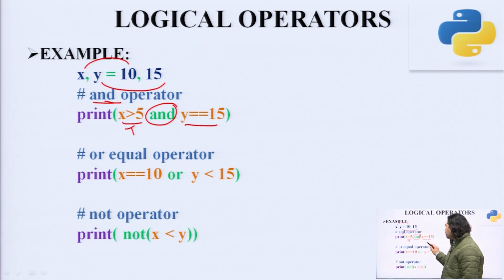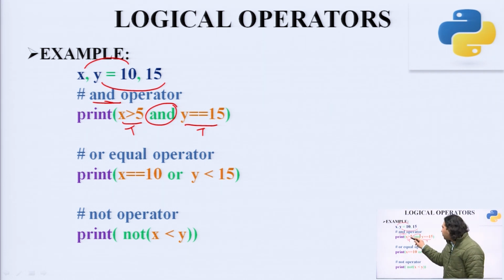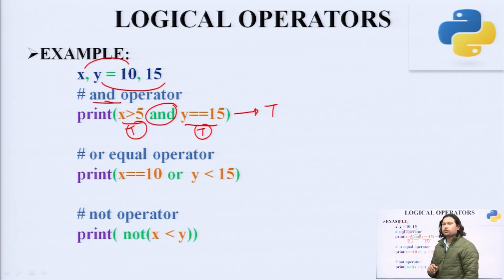Similarly, y is equal to 15, that is also true. Since it is connected by the AND operator, both inputs must be true, and only then will you get the answer true. Otherwise, everything becomes false.